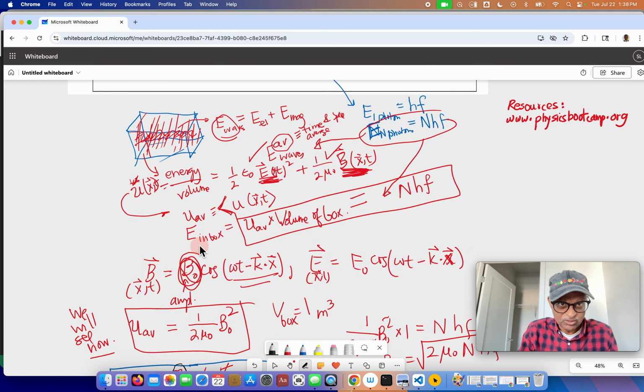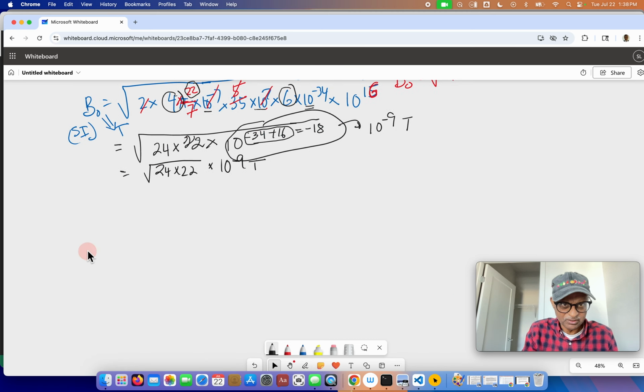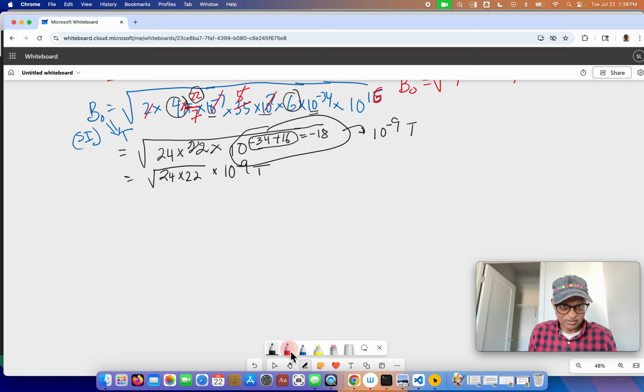And if you look in the question, I have to write it like alpha times 10 to the minus 9 Tesla, so we need to figure out the value of alpha. So this here is alpha. So basically you have 24 times 22.